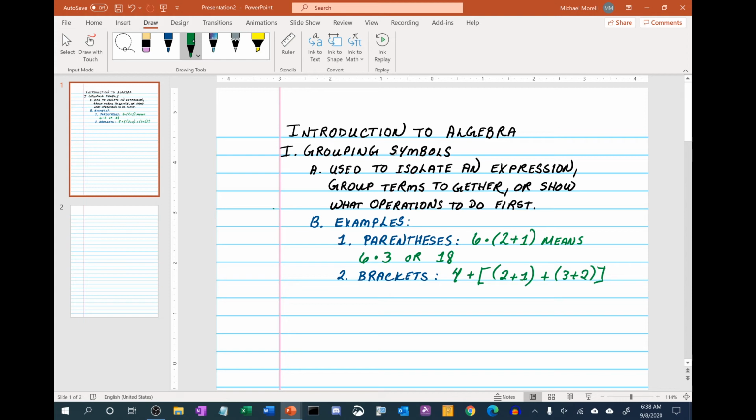The idea is this is just another symbol that you can use to encase or nest expressions within expressions or parts of expressions together. And so we just simplify it by working from the inside out.